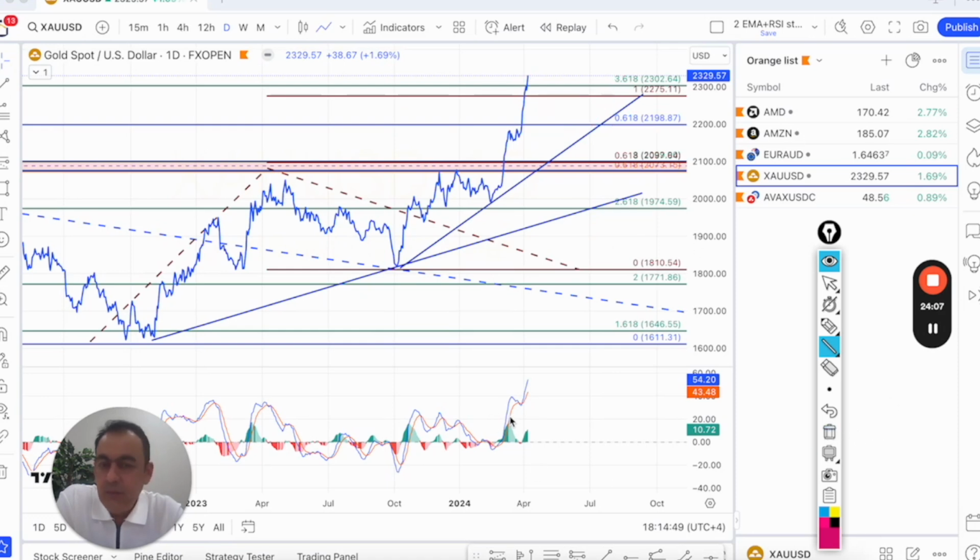So right now I'm anticipating that it will develop a bearish divergence, but it has not yet started. There is a probability, but it is not visible, the bearish divergence.